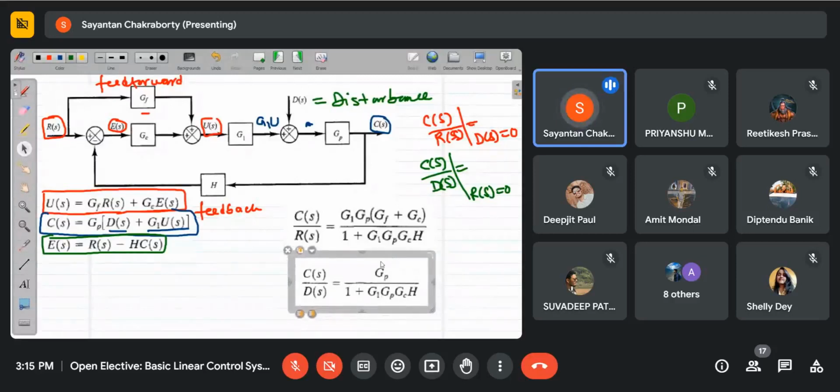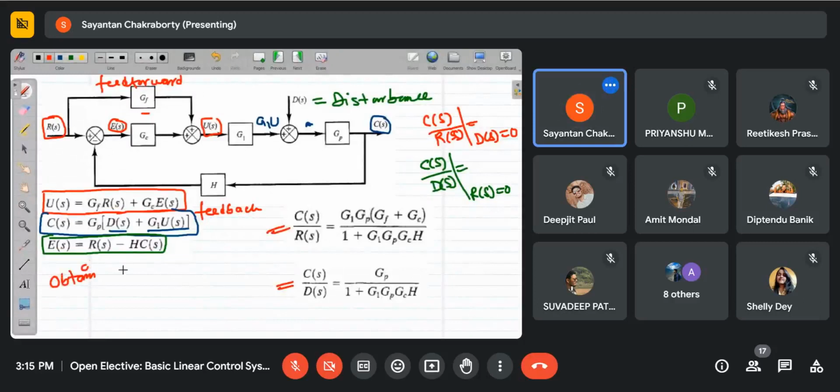Now, I leave this as a task for you to obtain these two transfer functions using block diagram algebra.